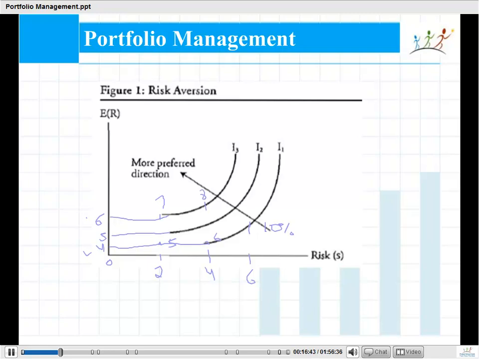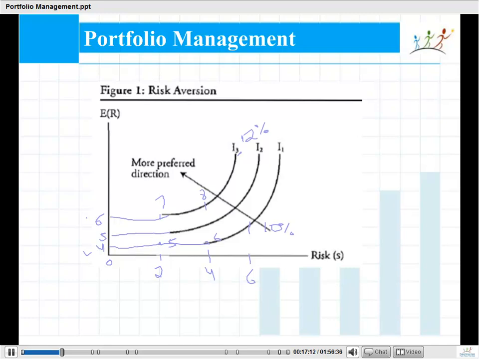For taking 6 units of risk, I will demand 12% return. I'm saying that none of us can decide the risk-free rate, but can all of us decide our indifference? That if the risk-free rate is so much, then for taking a risk, I will want at least this much return.